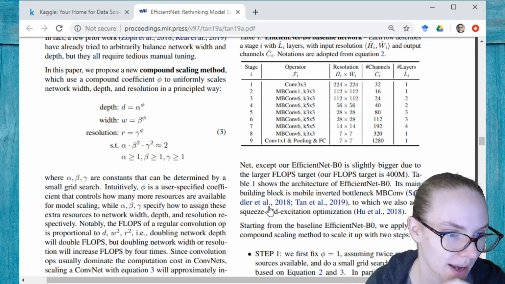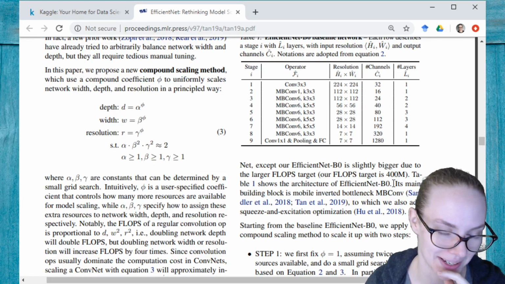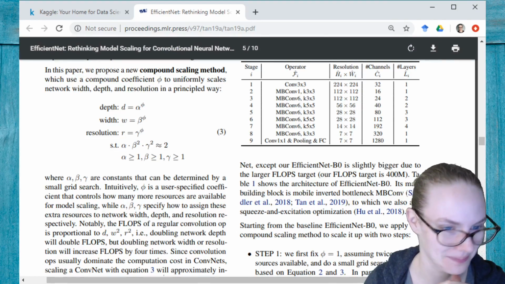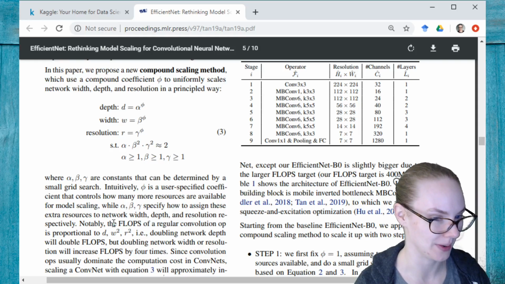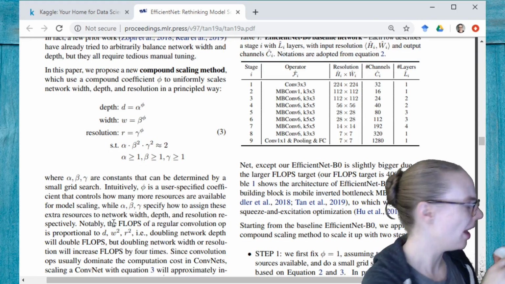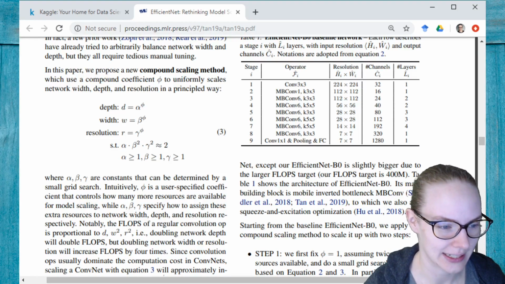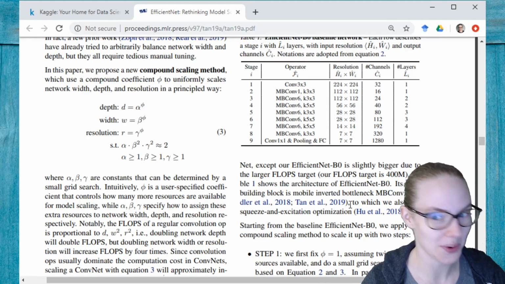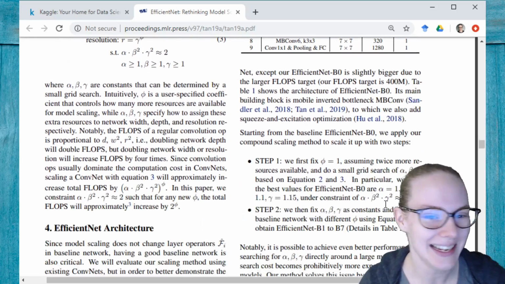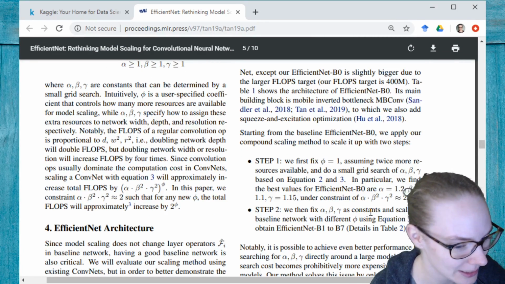Its main building block is the mobile inverted bottleneck MBConv, Sandler et al. 2018, Tan et al. 2019, to which we also add squeeze and excitation optimization. Don't know what those are. Those sound like CNN specific things.